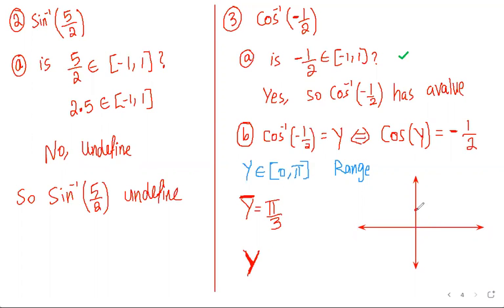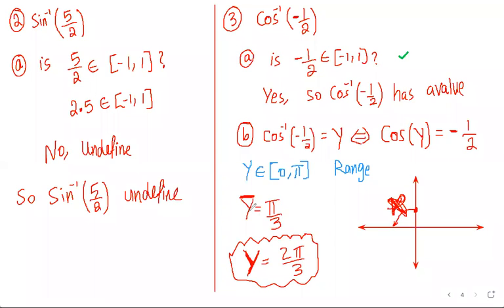The angle must be in the second quadrant. So which angle in the second quadrant has reference pi/3? Is it 2 pi/3?